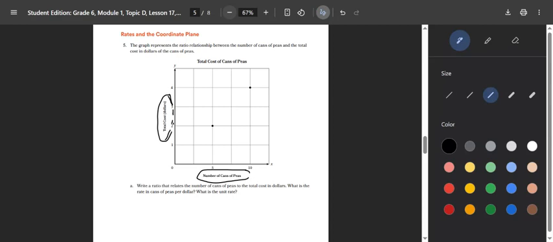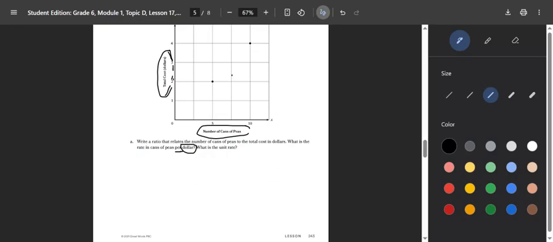What is the rate in cans of peas per dollar? So we're going to write a ratio, and then we've got to write the rate in the cans of peas per dollar. So what you want to be 1 is the number of dollars, and then also we need to write the unit rate.